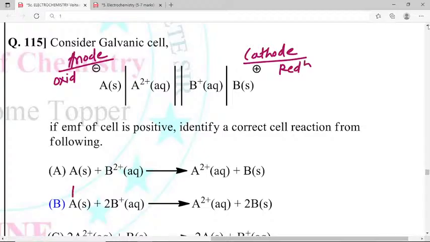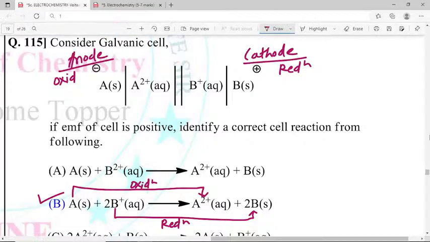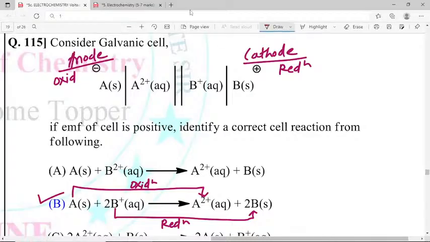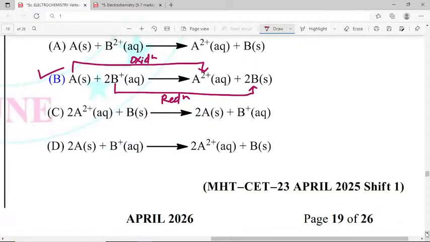So A gives A2+, oxidation, and B2+ plus 2 electrons gives B, reduction. So B is your answer. Okay, speed it up. Next question.